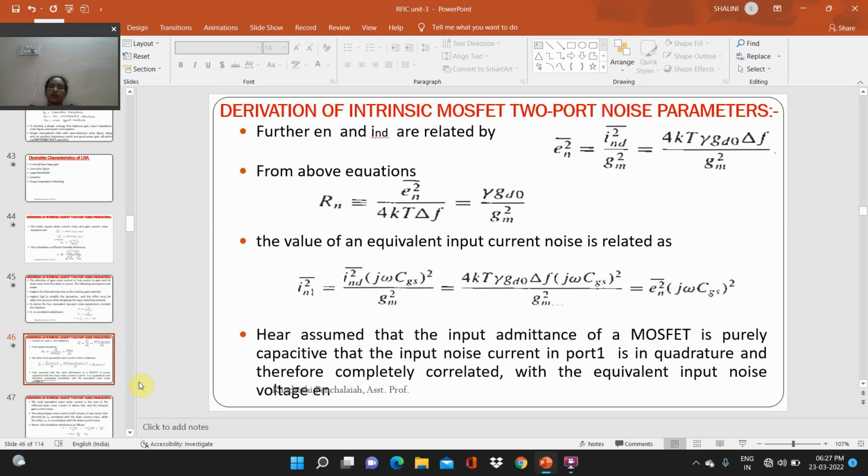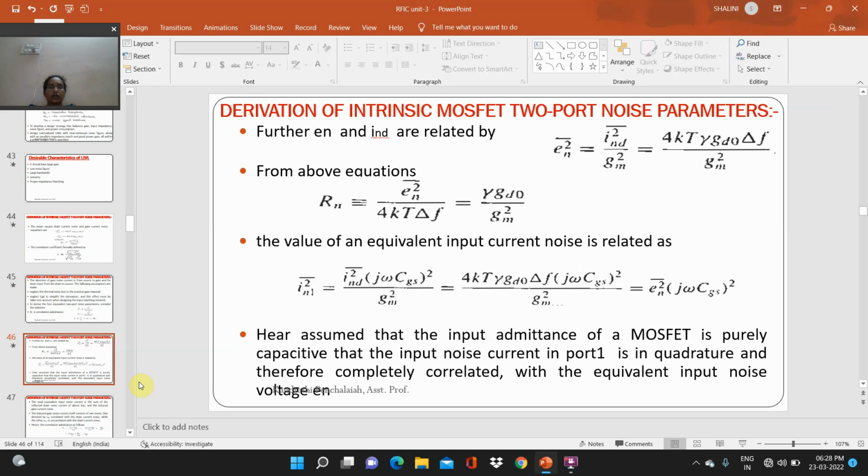The value of the equivalent input current noise is related as I square n1 is equal to I square nd times j omega Cgs whole square by Gm square, equal to 4 kT gamma Gd0 delta f into j omega Cgs whole square by Gm square, that is equal to En square into j omega Cgs whole square.